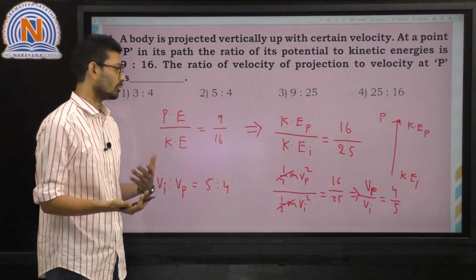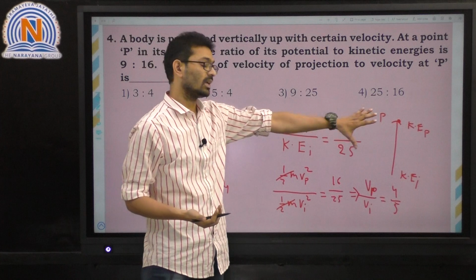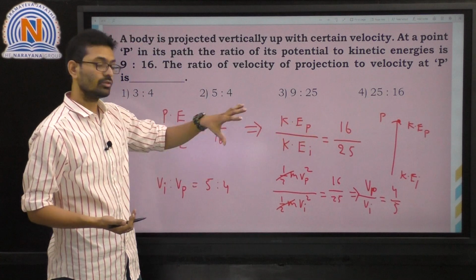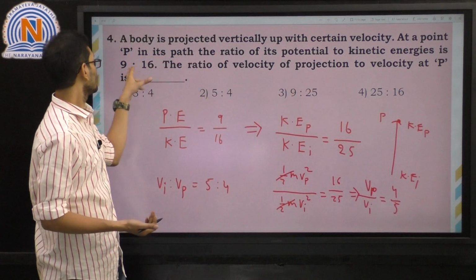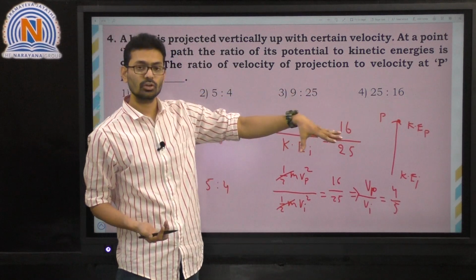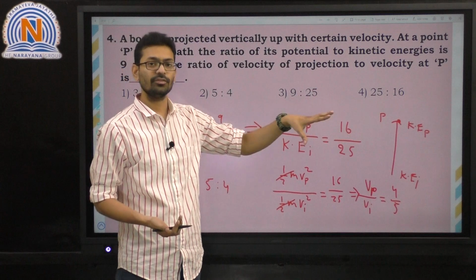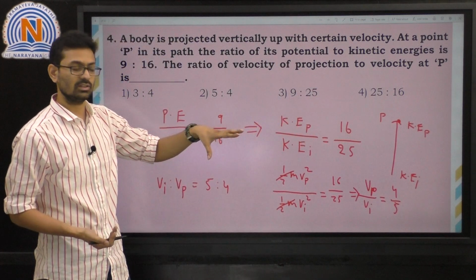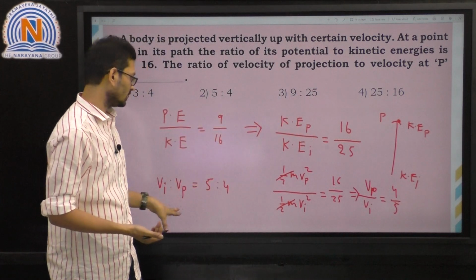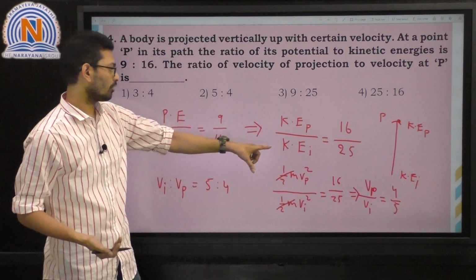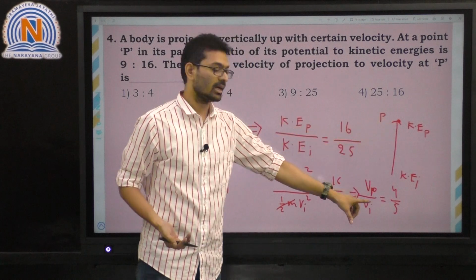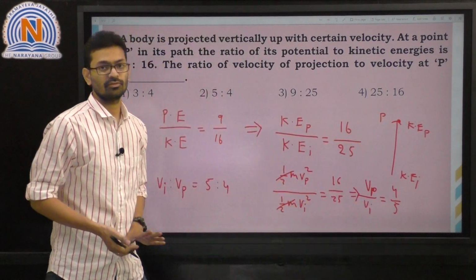So if you have potential energy at that particular place of around 9, then the rest of the 25 is kinetic energy, and that kinetic energy is figured out over here in the form of 4 at that particular point, and initially it is 5.